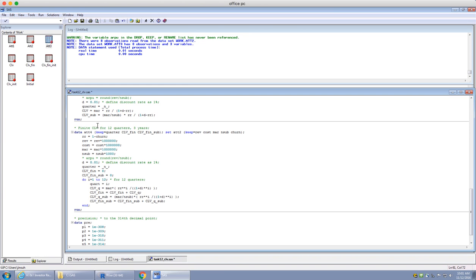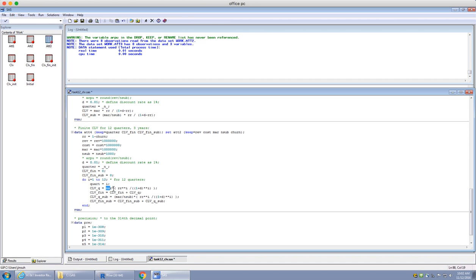So let's say I'm going to limit it to a finite case and calculate just for 3 years. In this case, 3 years happens to be 12 quarters, because quarters are what we had. Besides that, the difference you'll notice is that there is now a do loop, because I have to loop over 12 quarters and calculate each quarter's CLV.